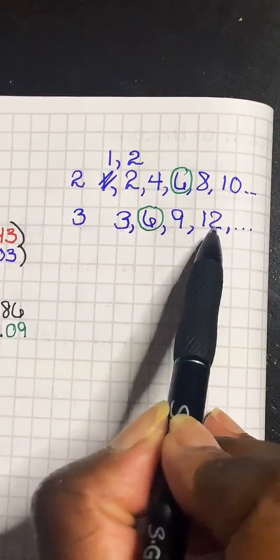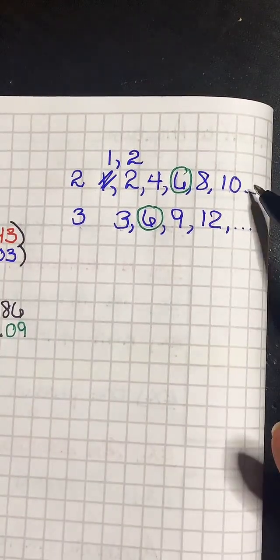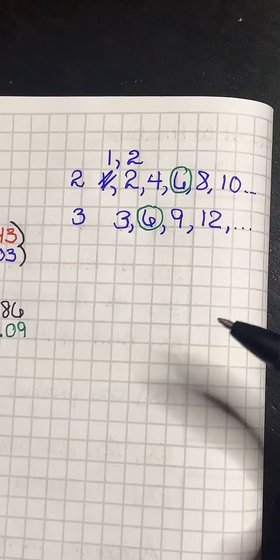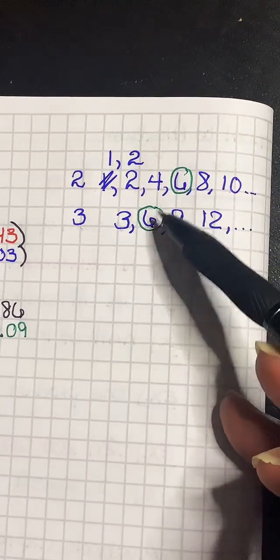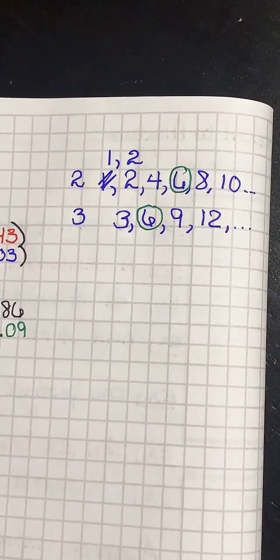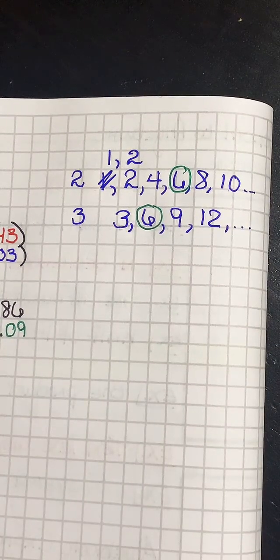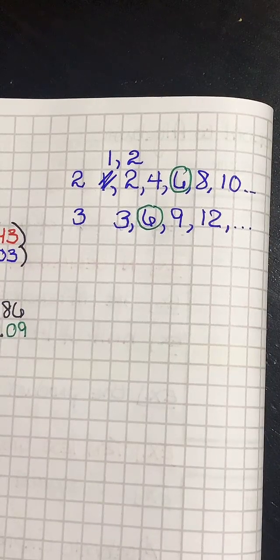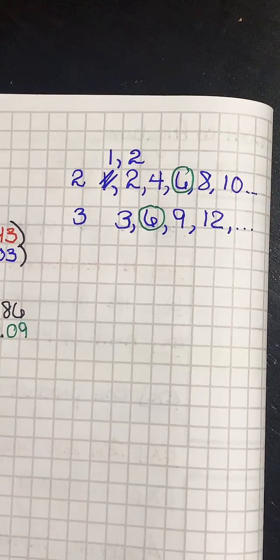That's 3, 6, 9, 12, etc. Yes, both of them have 12. Okay, but the least common multiple will be your 6's. And one other thing, you could multiply the 3 and the 2 and get the 6. You can do that.